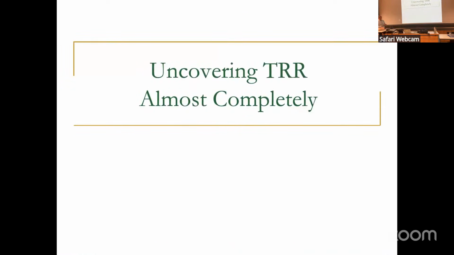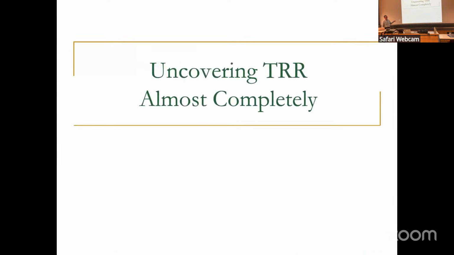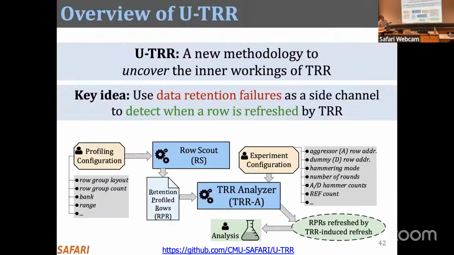But before, again, summarizing what we did last time, we talked about reverse engineering more. We were able to reverse engineer essentially everything by having a clever side channel using the retention failures that you get, or the lack of failures that you get, as an indication that there's some internal refresh that has happened in DRAM. And I really like this actually, because this kind of ties together two big directions that my group has been working on.